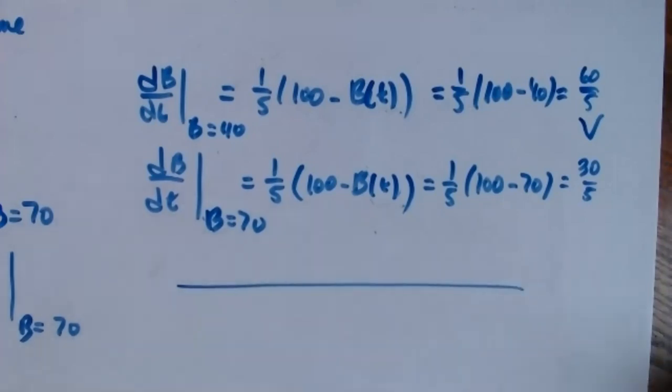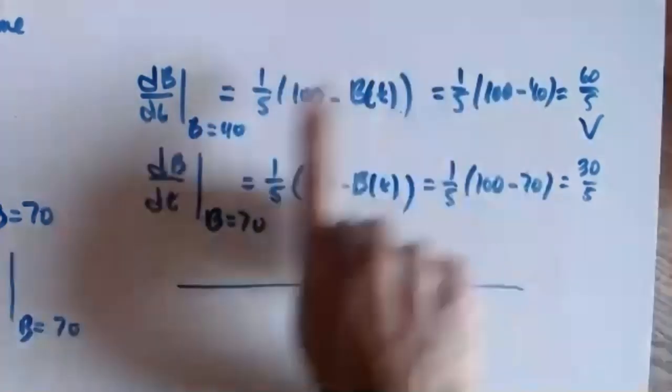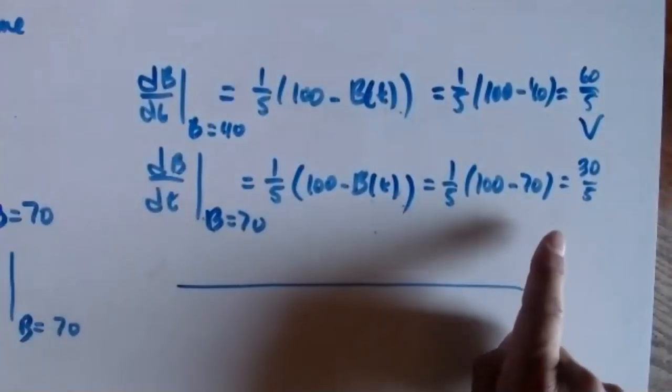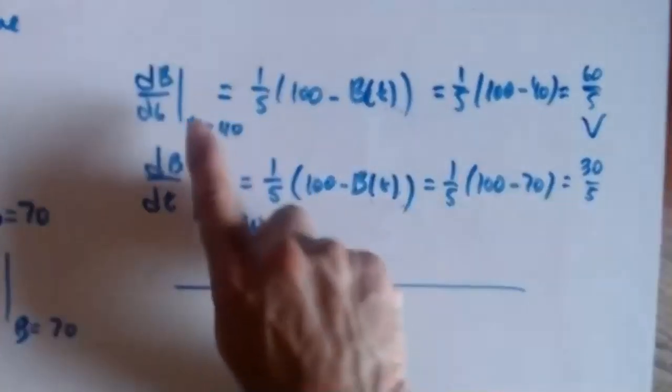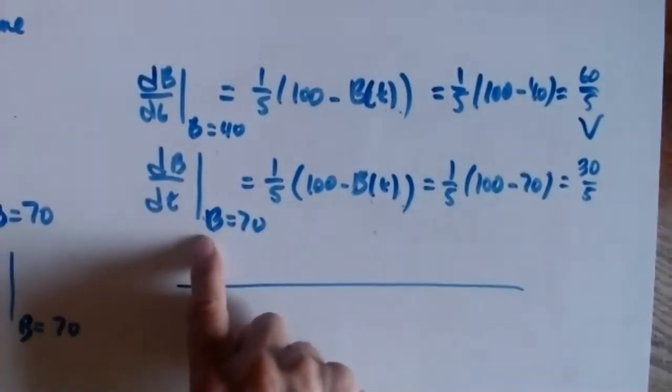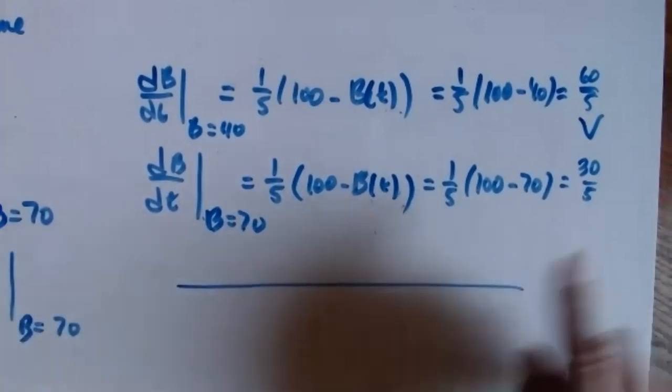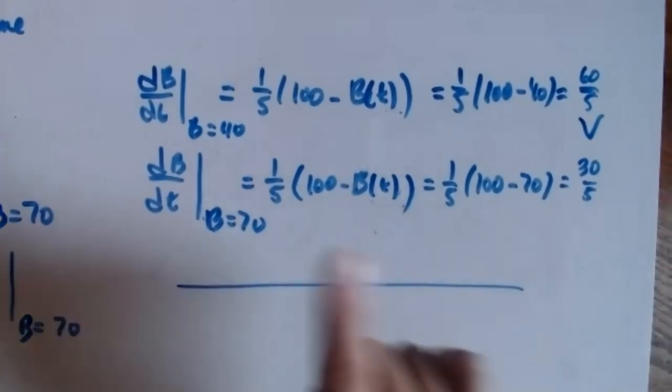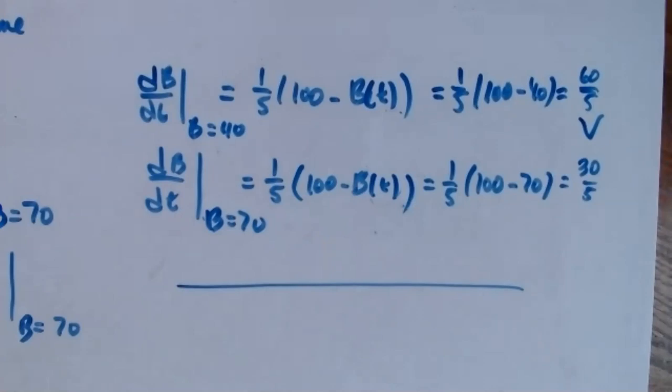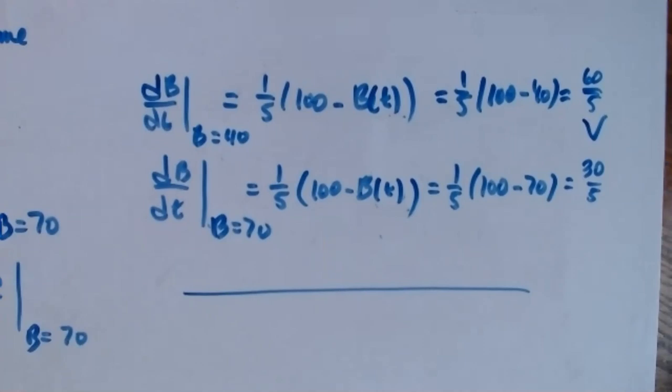This is your justification, your math, correct? So you conclude that this rate of change is more than this rate of change. Now you have to explain or conclude in English in the context of the problem. What would you like to write?